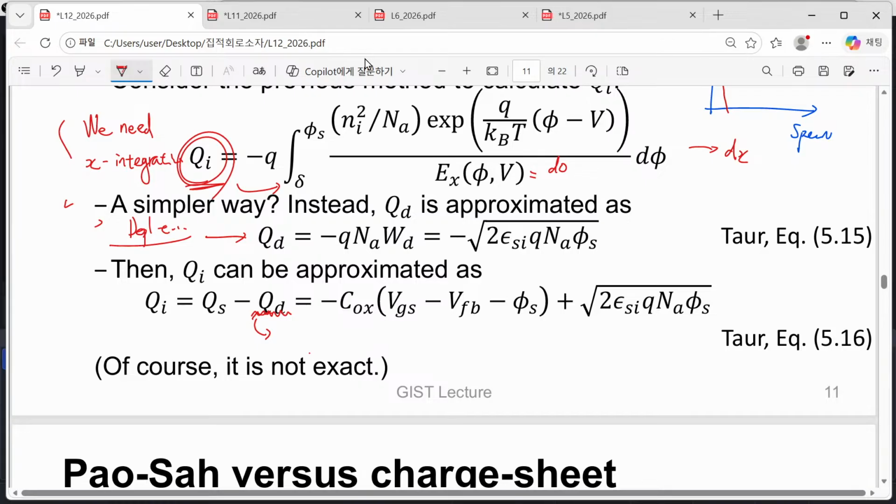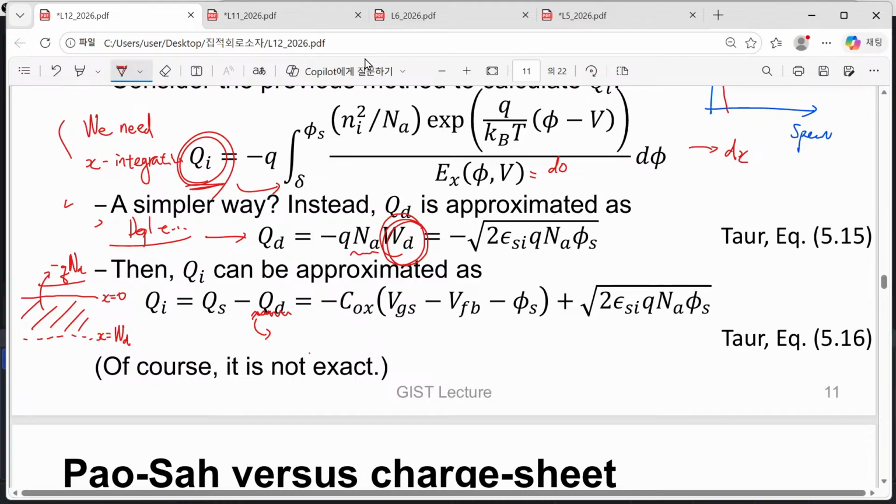So we assume that here we have a certain depletion width, and the entire N_A is depleted up to W_D. So simply speaking, x equal to 0, and we say that up to x equal to W_D, our entire channel region is depleted. So now we have minus Q N_A, net charge density, shown here.